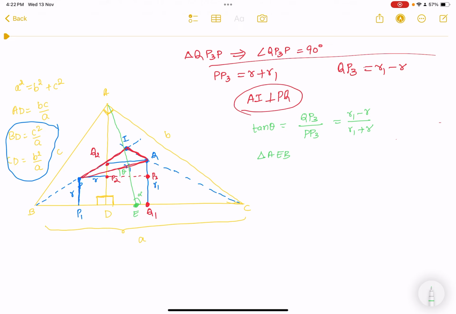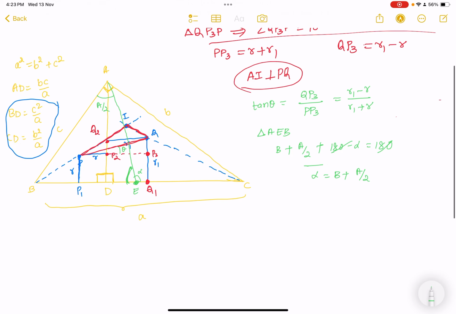So angle ABE will be B, and this angle will be A upon 2, plus this angle is 180 minus alpha, that is equal to 180. So alpha is equal to B plus A upon 2, correct? So alpha is B plus A upon 2.